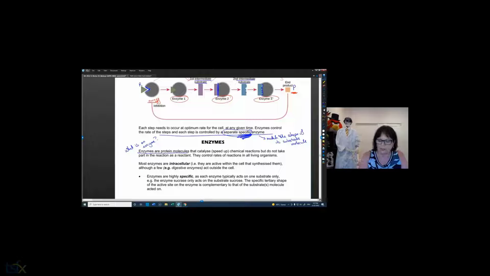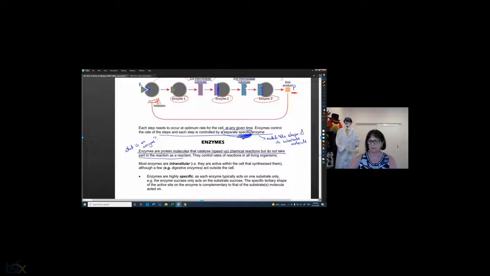What they do is they speed up chemical reactions, but do not take part in the reaction. And going back to that question that was about the PCR, the DNA polymerase doesn't run out. It always can go back and redo because the enzymes do not actually become part of the products. They are always left at the end unchanged. So that's what an enzyme is. They are protein molecules that speed up reactions but don't take part in the reaction.